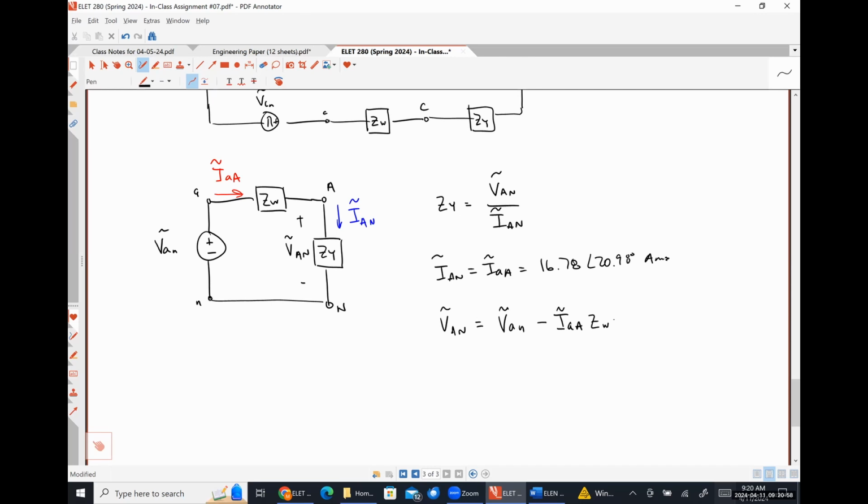Now, one problem with that is we don't have that. We have something else. So how do we take our VAB and extrapolate? We have VAB. We don't have VBN.